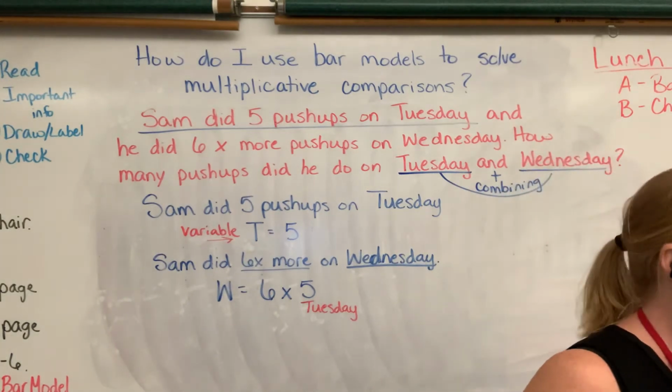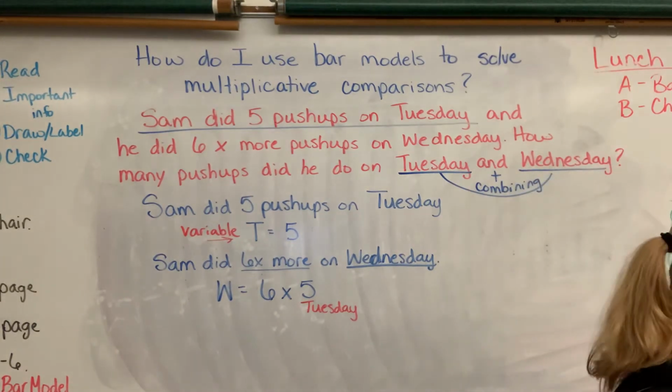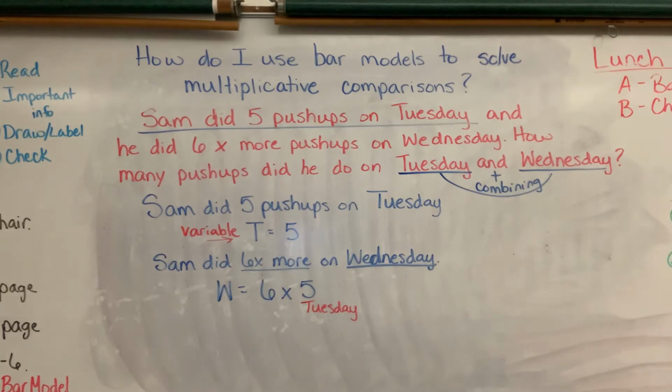You're going to do Sam did 5 push-ups on Tuesday and 6 times more push-ups on Wednesday. But all you have to do is take the question and restate it. So the question is, how many push-ups did he do on Tuesday and Wednesday? So now you need to restate that.